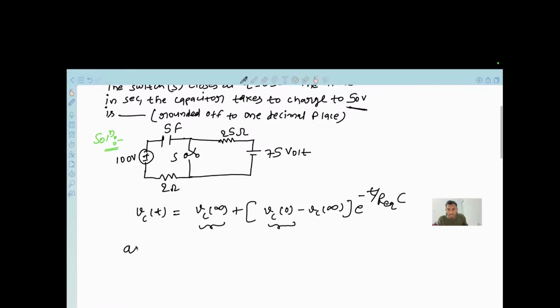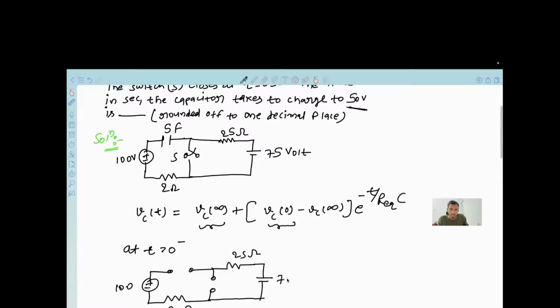So at t is equal to 0 minus, I will redraw this circuit. This switch is also in open condition. 75 volt.